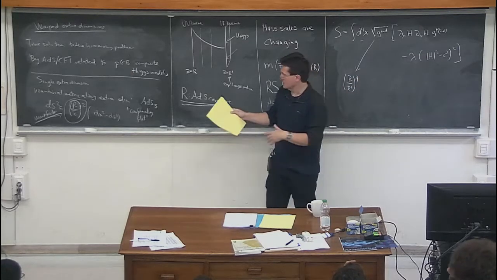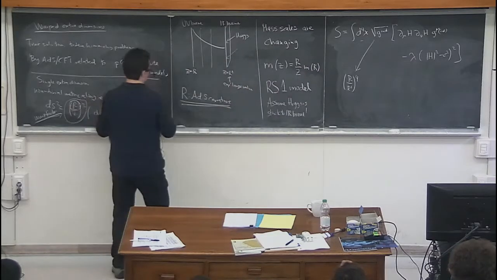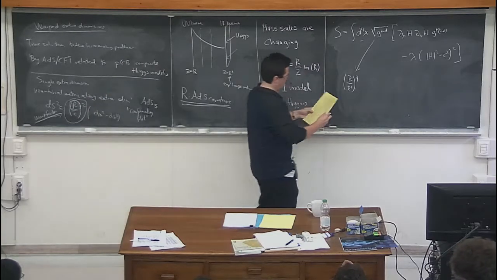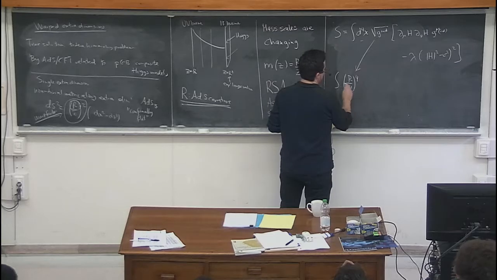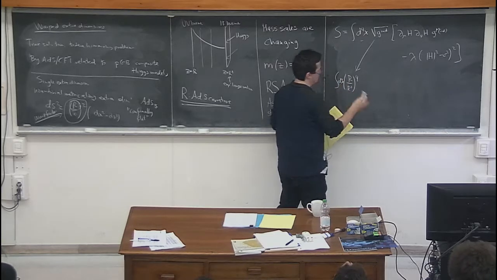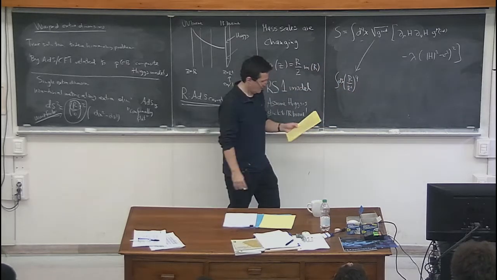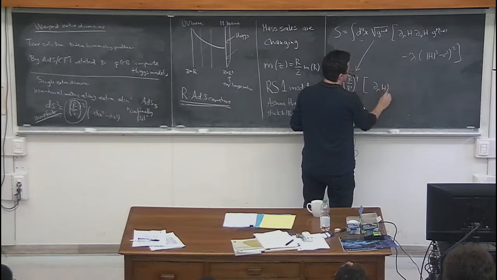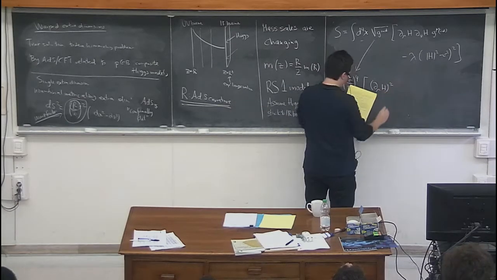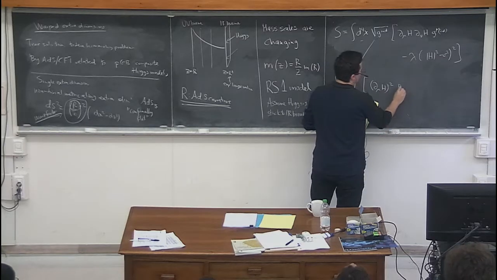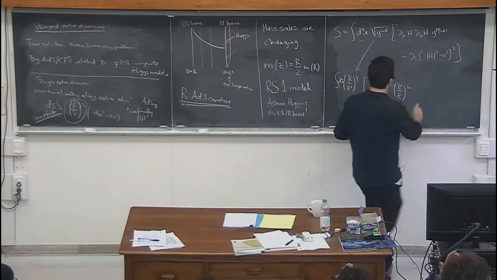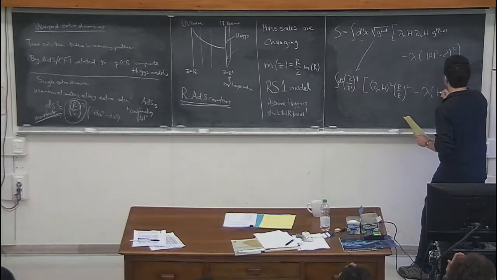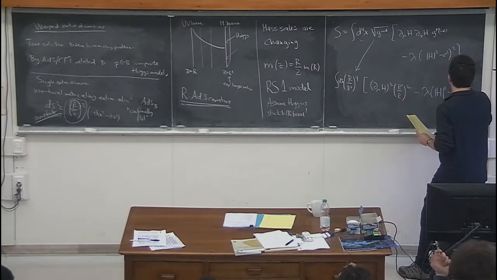This metric factor was taken into account, so I don't have to write any more root g's; I assume the rest is just flat. And then here you get another d mu h squared, times another power of R prime over R squared, minus lambda times h squared minus v squared.